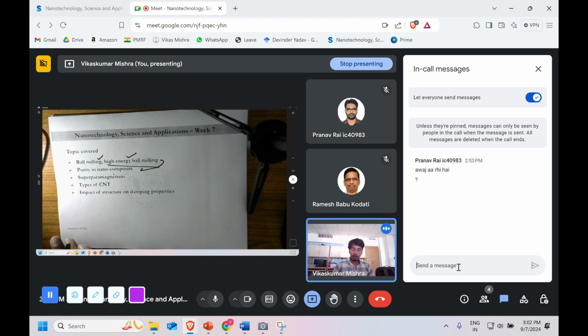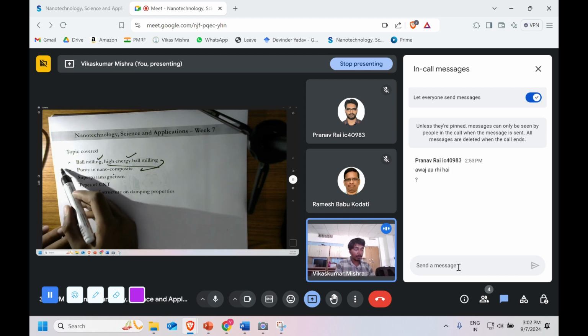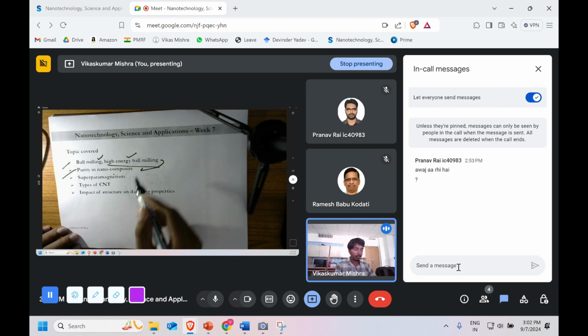Now it is very well possible that the material from the wall of the container or the tungsten carbide ball can get into the powder, and it will decrease its purity. So from that aspect we have also seen how the nanocomposite that we prepared using ball milling is going to be affected.